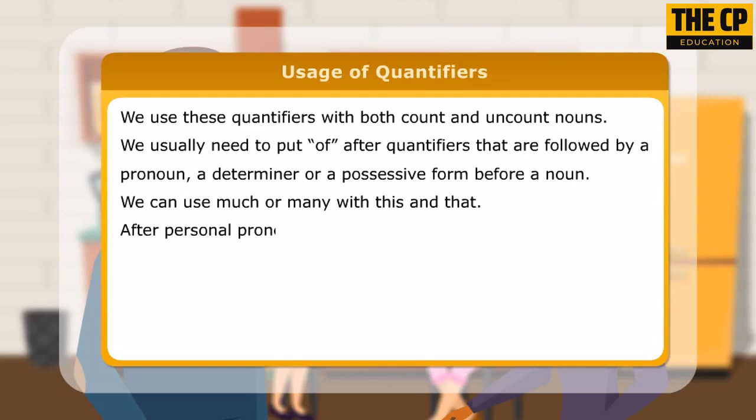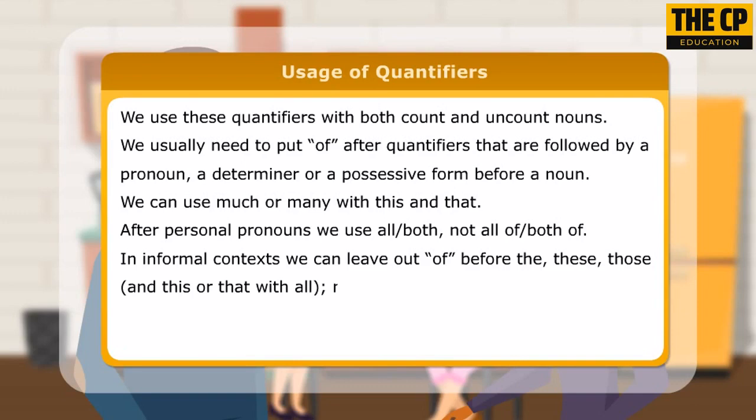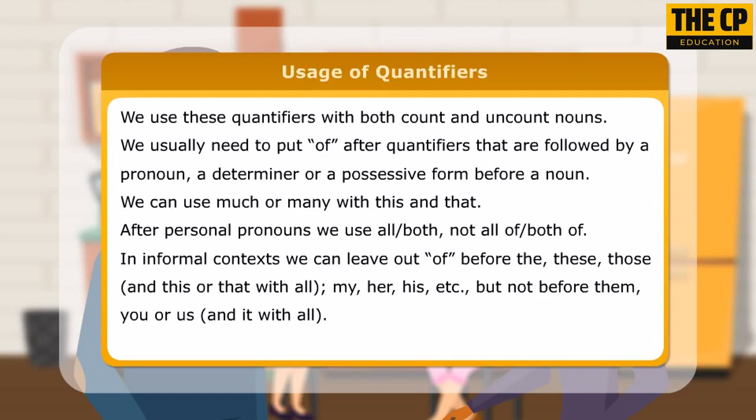After personal pronouns, we use all or both, not all of or both of. In informal contexts, we can leave out of before the, these, those, and this or that with all, my, her, his, etc., but not before them, you, or us, and it with all.